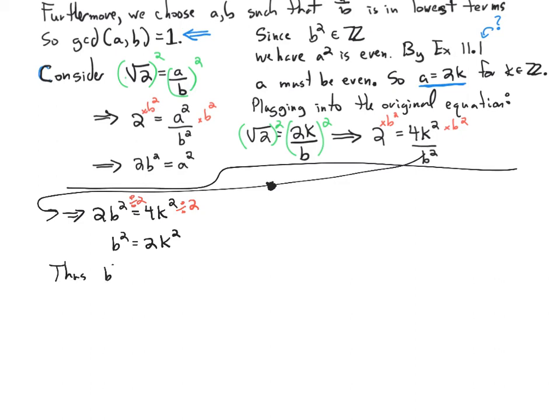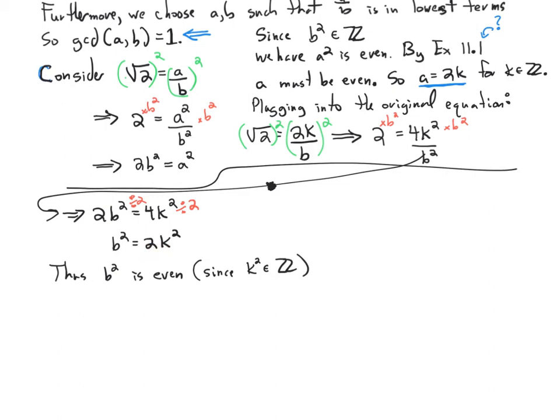Thus, b squared is even, since k squared is an integer. Maybe I'll write that. By the definition of being an even number, even integers are 2 times some other integer.